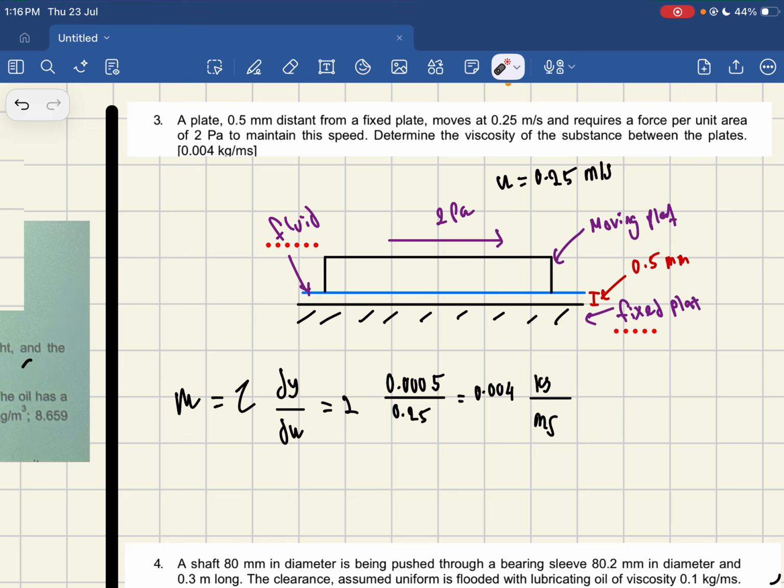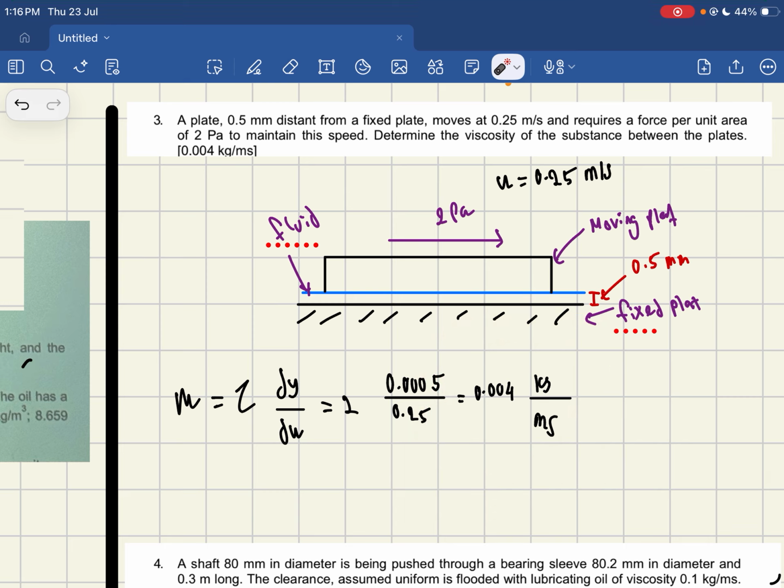If you are living in America or the UK, they use a different standard unit. But here, make sure that all distances are in meter. So 0.005 divided by the velocity of the plate itself, which is 0.25 meter per second.